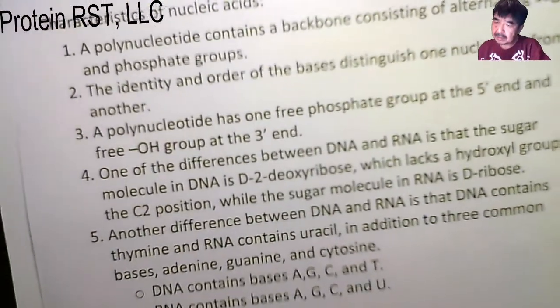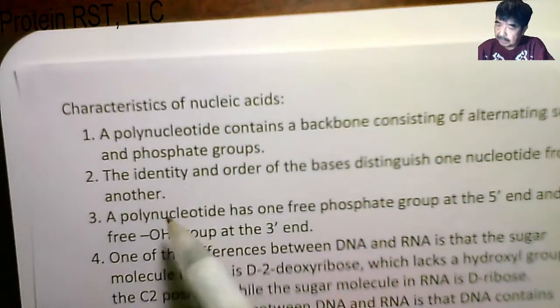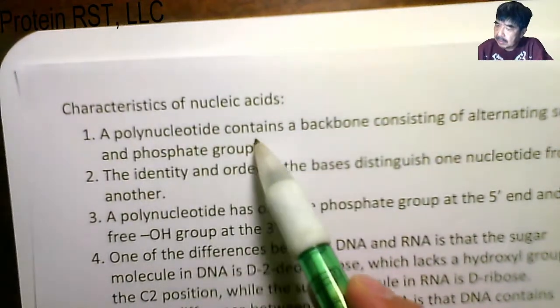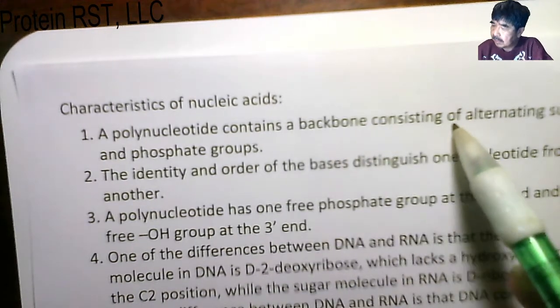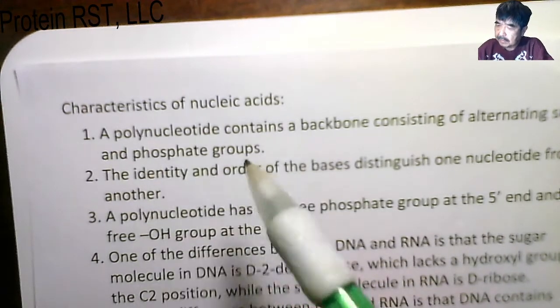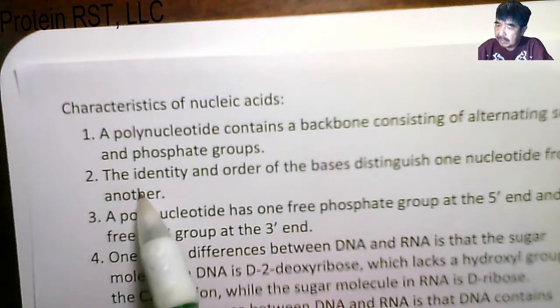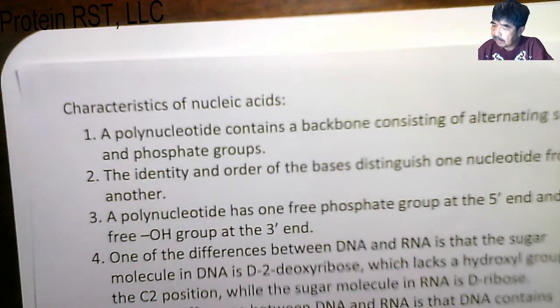Briefly, let's take a look at some characteristics of nucleic acids. The first one, polynucleotides contain a backbone consisting of alternating sugar and phosphate groups. Number 2, the identity and order of the bases distinguish one polynucleotide from another.